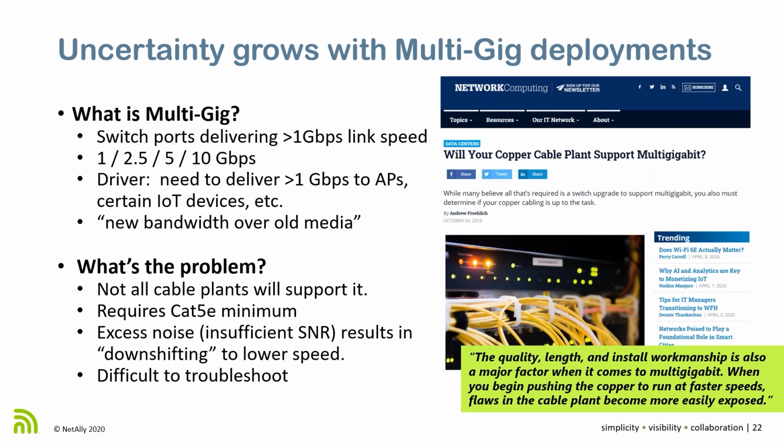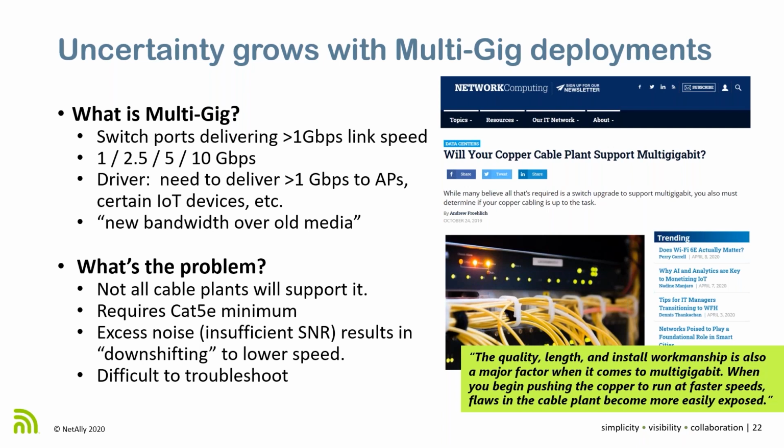But not all cable plants support this. And what we're hearing from a lot of customers and some infrastructure vendors is that people are being a bit surprised, or they're a bit in the dark about whether or not their cable plant will support multi-gig, or it's not linking at the speed that they're expecting, or in some cases, even bouncing links at all, preventing linking from happening at those high speeds at all.